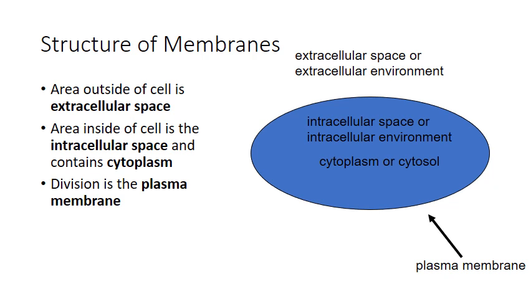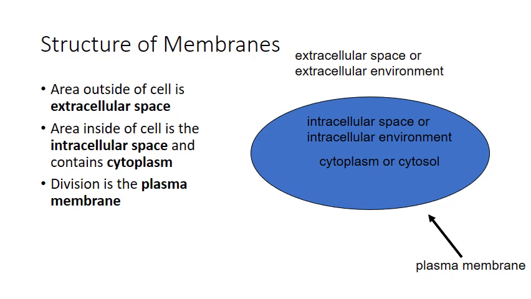So outside of the cell, we have what we call the extracellular space. Extracellular means outside of. Inside of the cell, we have the intracellular space, and that's going to be composed of cytoplasm. Cytoplasm is the fluid inside of the cell, and the cytoplasm is just water filled with biomolecules that are necessary for the cell to survive.